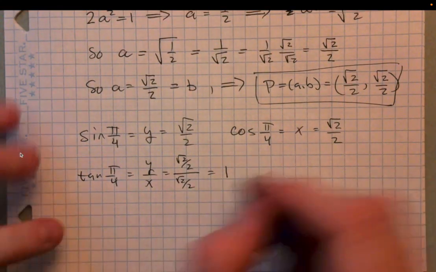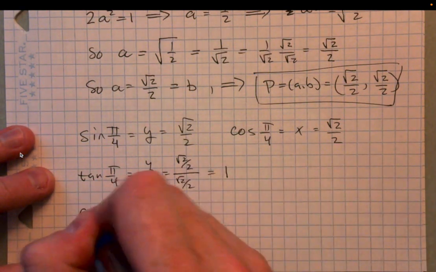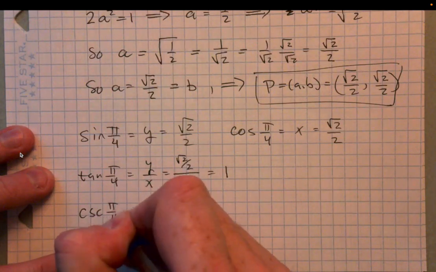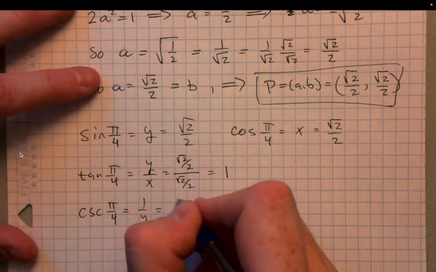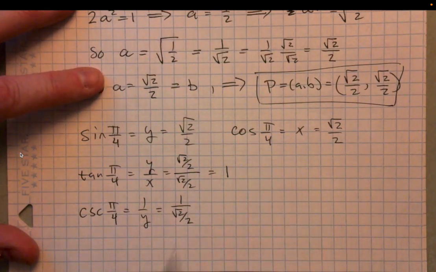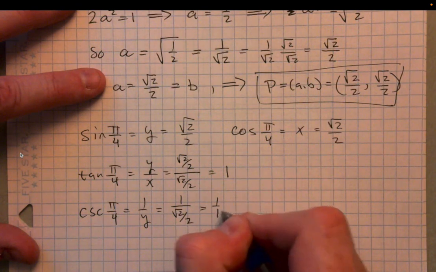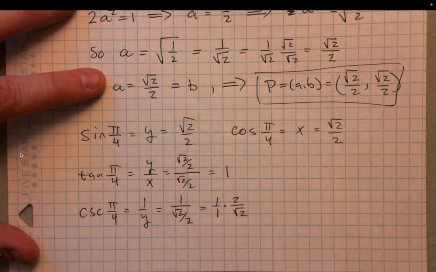The secant, well, let's start with the cosecant. The cosecant of pi over 4 is equal to 1 over y, and so that's 1 over the square root of 2 over 2. You have to sort this out, and that's 1 times 2 over the square root of 2.